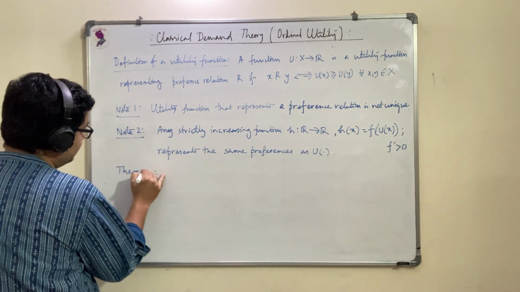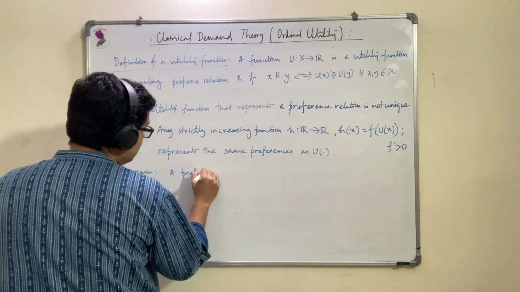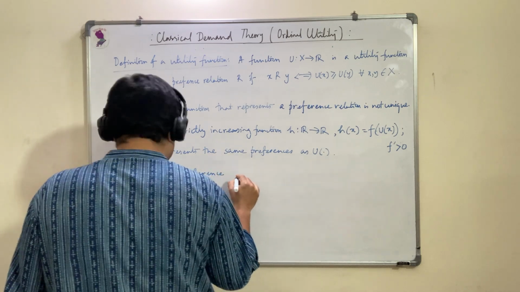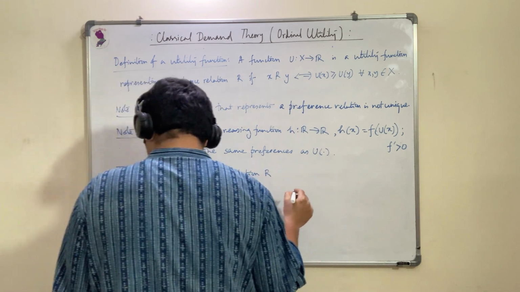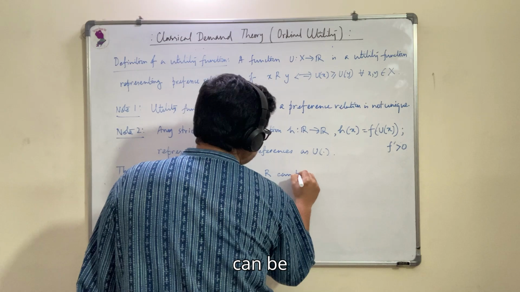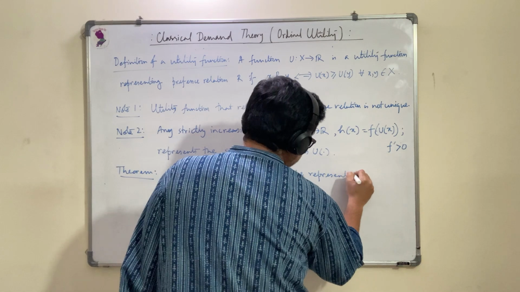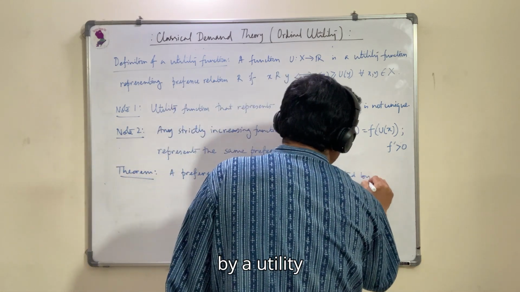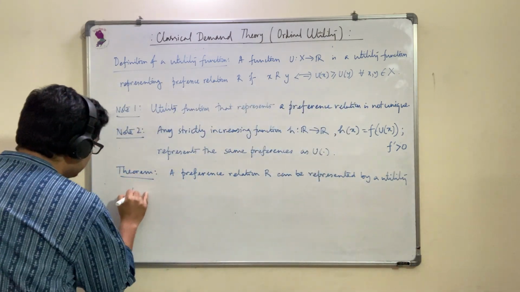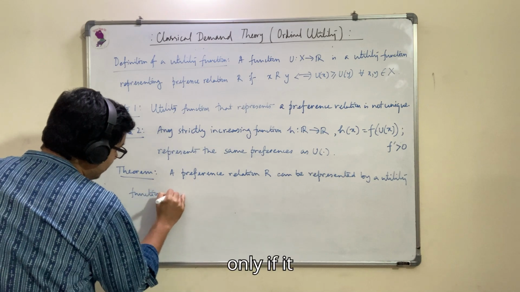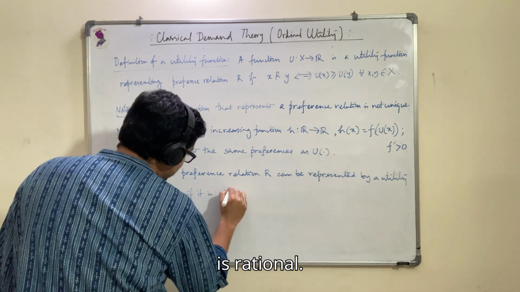Our theorem: a preference relation R can be represented by a utility function only if it is rational.